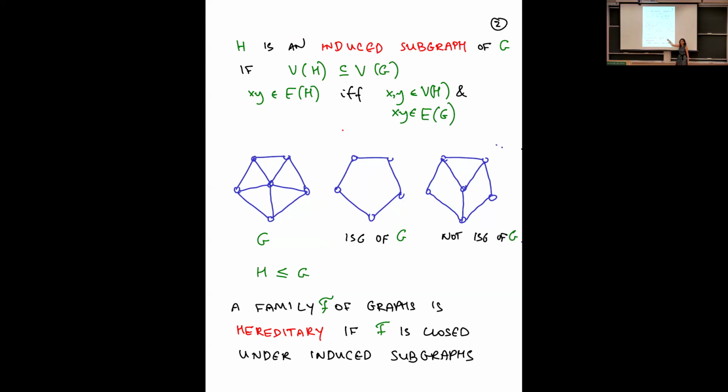Well, they have the same vertex set, but they don't have the same edge set. So I would need to remove an edge between two vertices that I committed to keeping, and that's not allowed. A word I'll probably never use: a family is hereditary if it's closed under taking induced subgraphs. All right, so now we know what we're talking about.